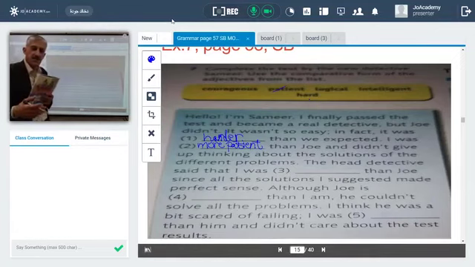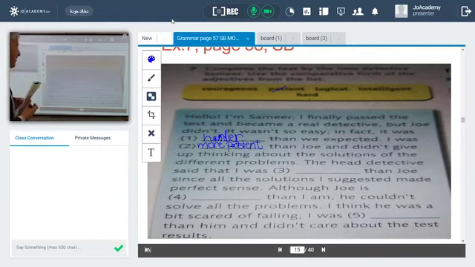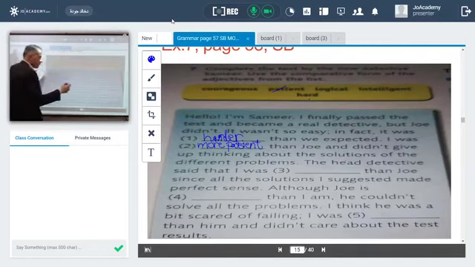Give up means يستسلم. So Samir says, I didn't give up. I continued. I kept on trying, thinking about the solutions of the different problems he had to solve to become a detective.